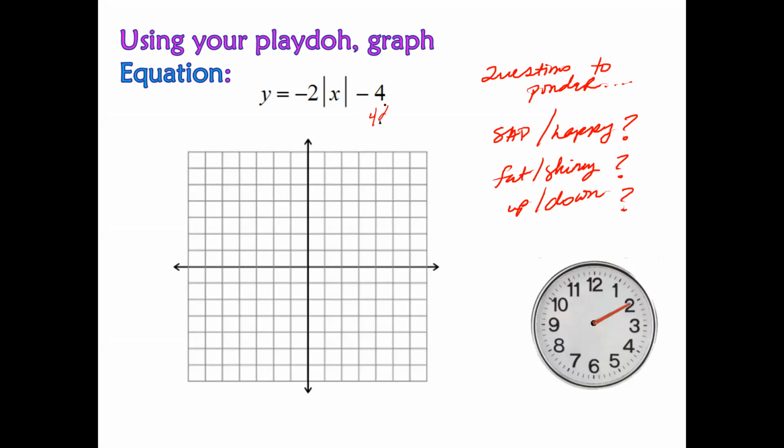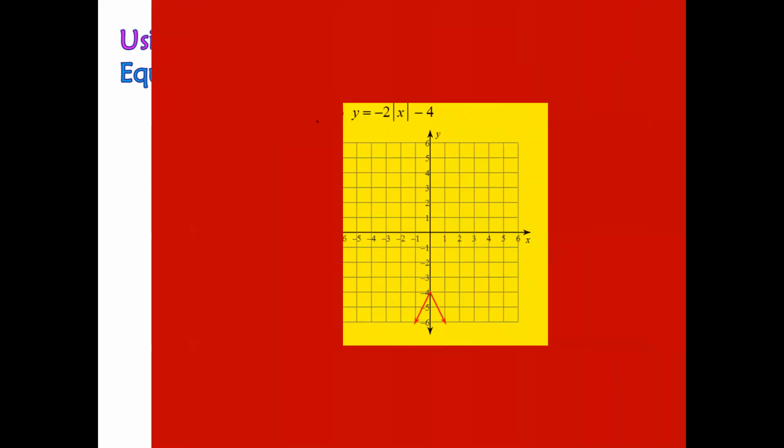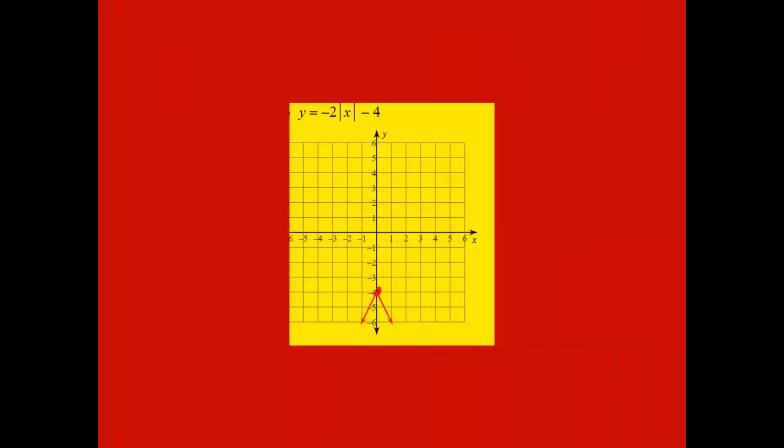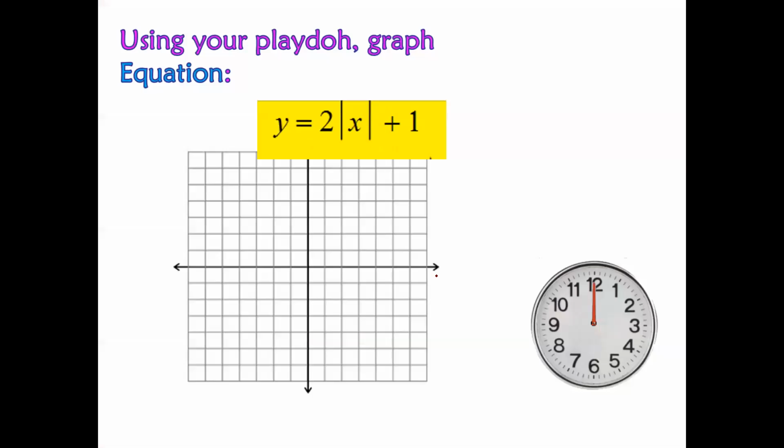Four means you're going to go 4 down. This 2 means it's going to be an upside down sad face, and it is going to be a skinnier shape. If you look at this right here, 4 down, skinnier shape, the vertex is -4, 0.